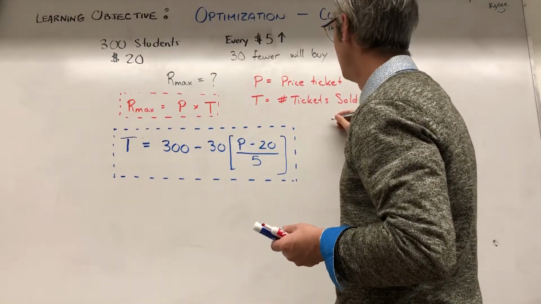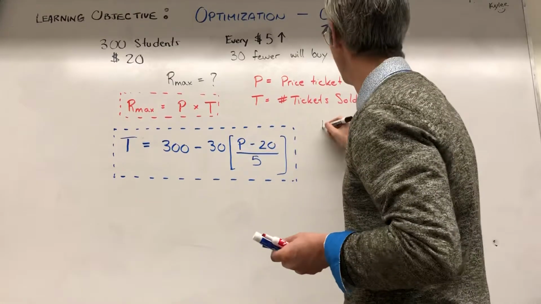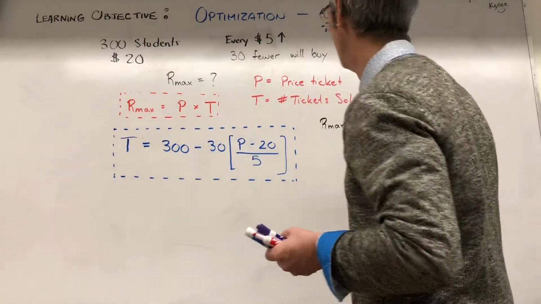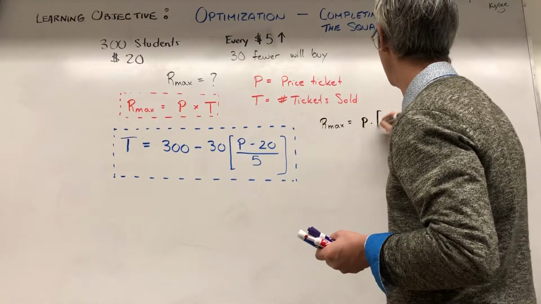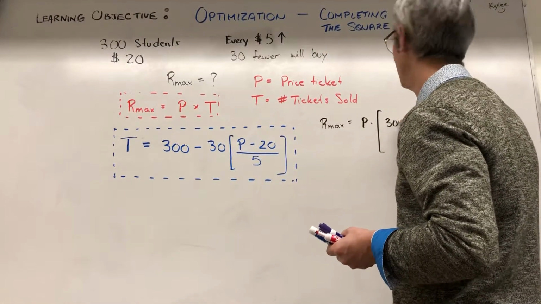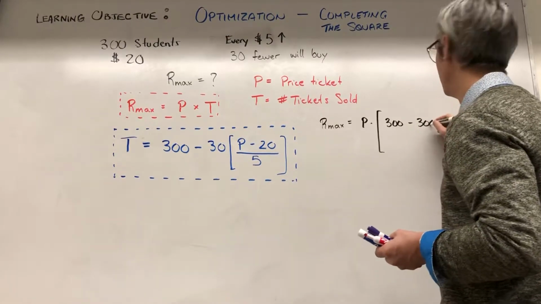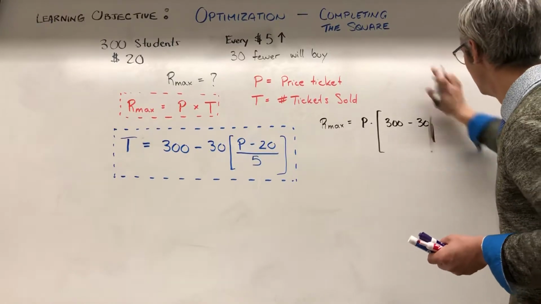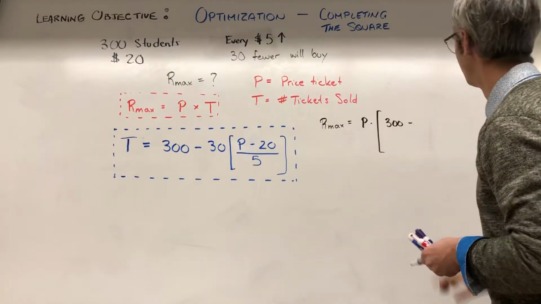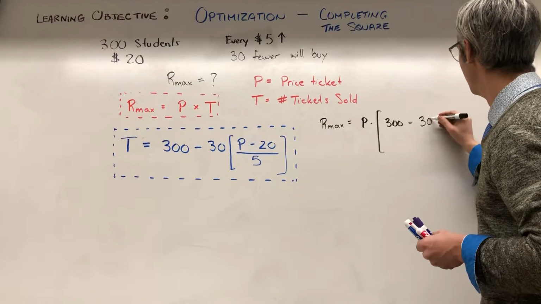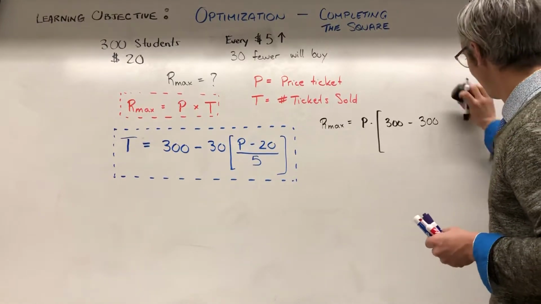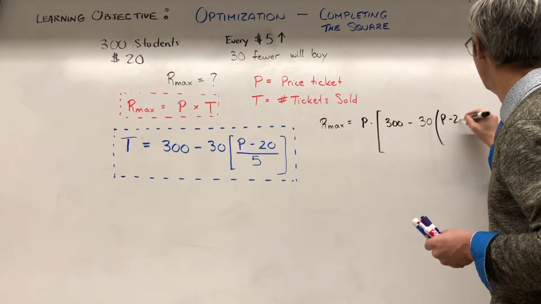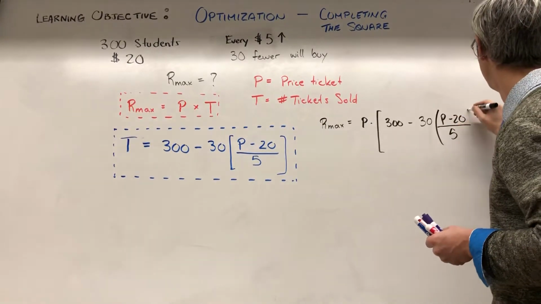So, let's do that. Let's turn this into, so I have R max is equal to P times 300 minus 30 times P minus 20 over 5.